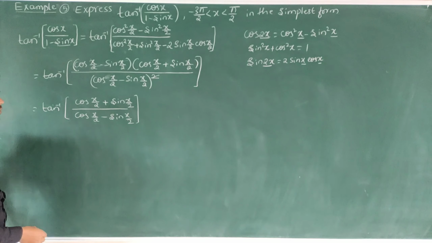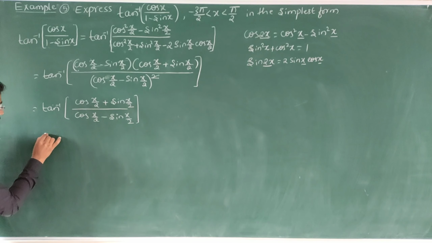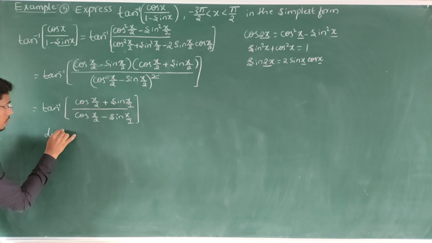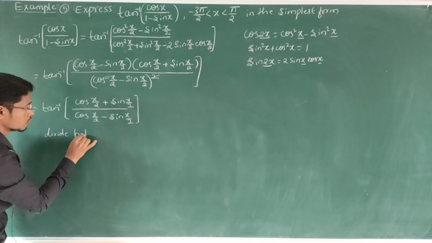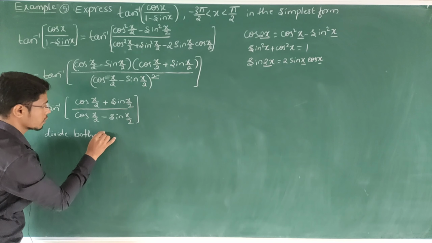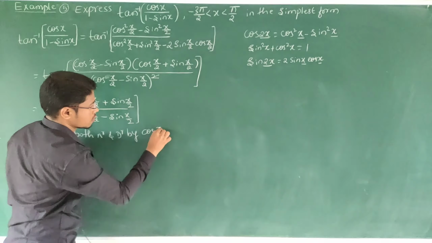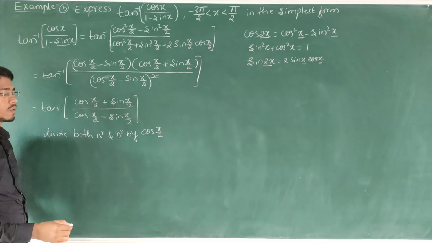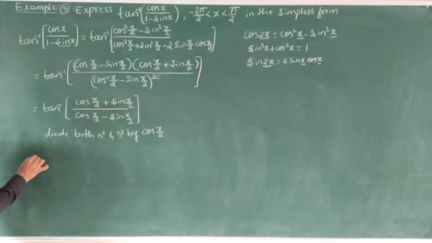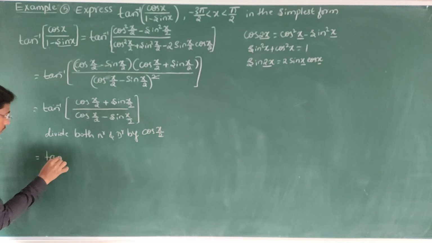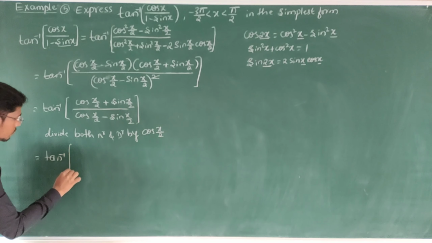Okay, so for this, divide both numerator and denominator by cos x by 2. So solve this in the simple format.